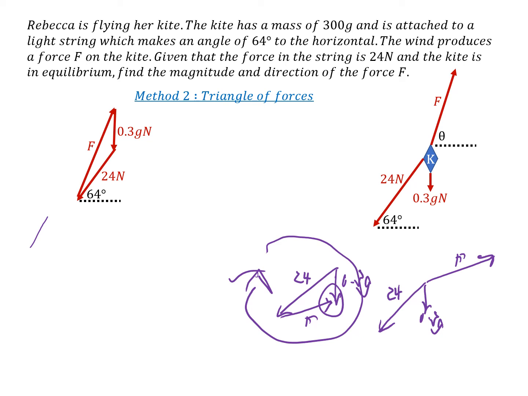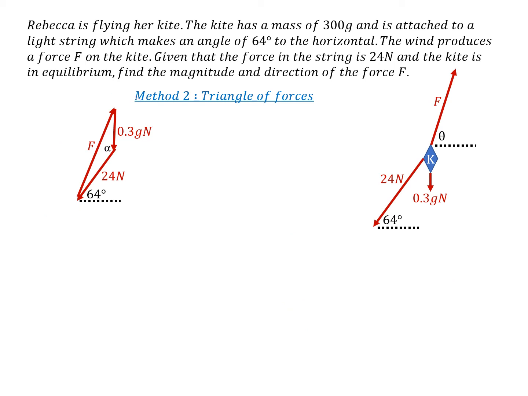The forces have to be going in either a clockwise or an anti-clockwise direction, all joining up together to make a resultant force of 0. So this is the correct triangle of forces. And in order to solve this triangle, we need to know one of the angles. So this angle alpha would be a good one to look at.